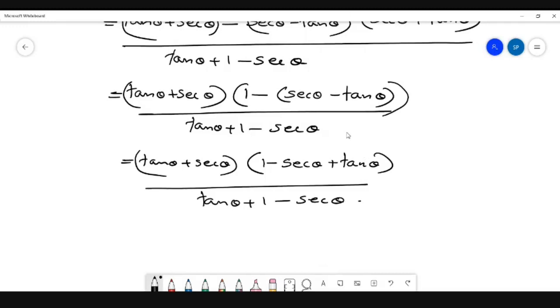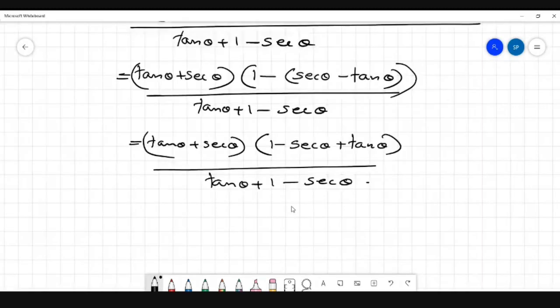Now, what can you see here? 1 minus sec theta plus tan theta. Here also the same terms. If you change the order, you can see this bracket and this expression are the same. Here, 1 is there, minus sec theta plus tan theta. So these two expressions can be cancelled.